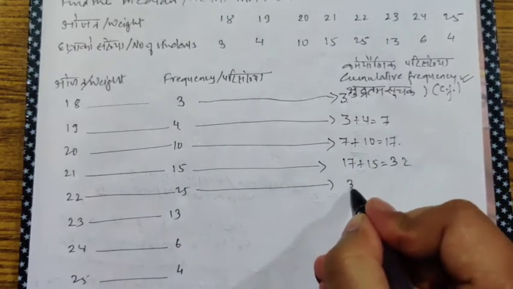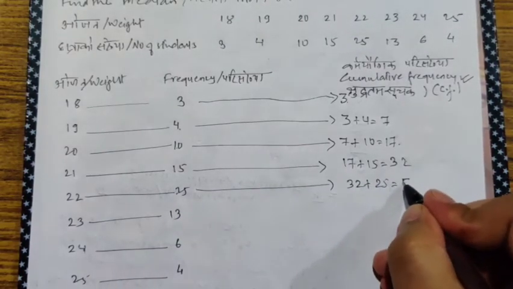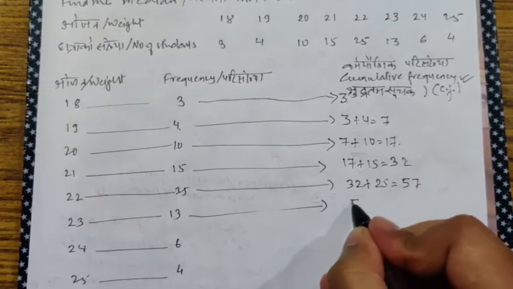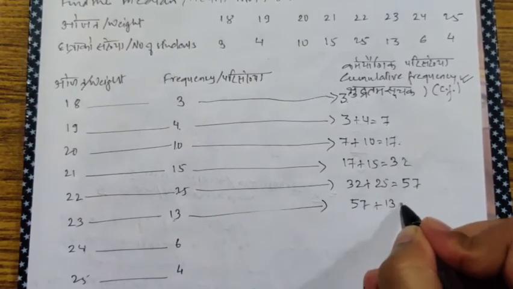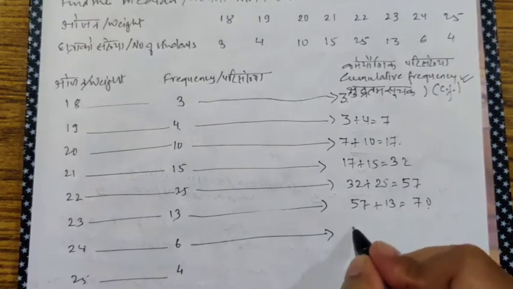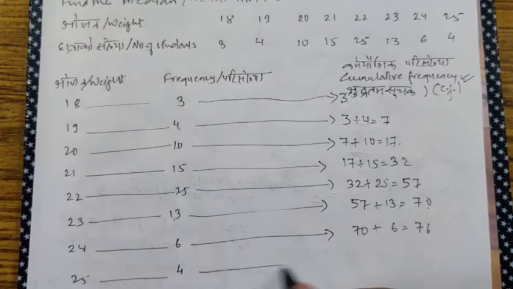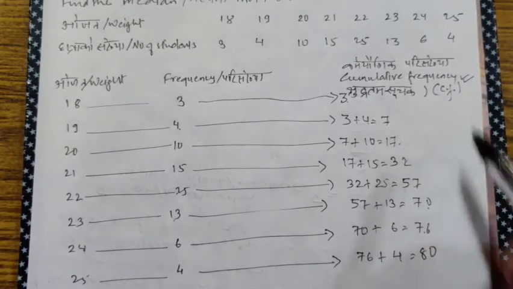Now this 32 plus this 25, 57. Now this 57 which I've got plus this 13, this frequency 70. Now this 70 plus this 6, 76, and this 76 plus this 4 equals 80. So this is how we find cumulative frequency.